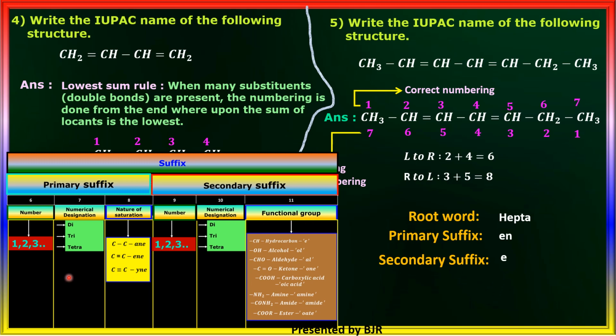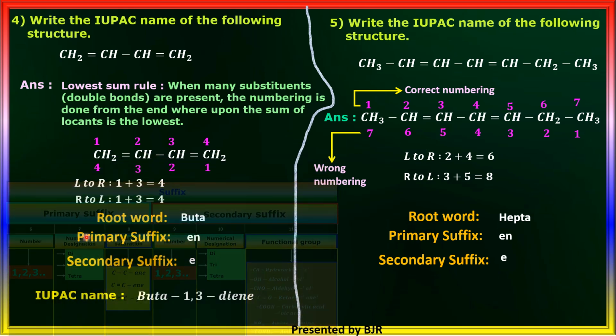Here we are using numbers, which tell us to which carbon atoms the double bonds are attached. Next, we are using numerical designations: if the same substituent is repeated twice, we have to use di as the numerical designation. If it repeats 3 times, we have to use tri, like this.